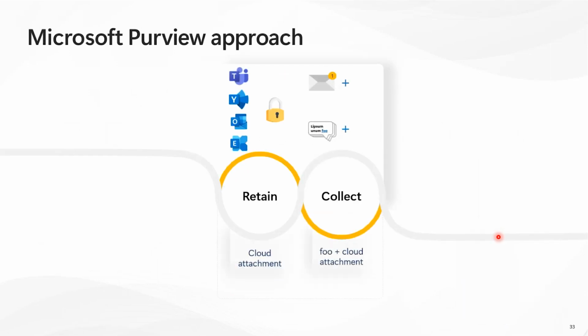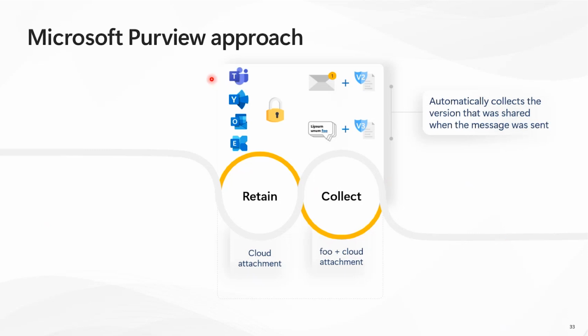Now, obviously, we used to do this on-prem. It could be quite time consuming, but now the idea through Purview, and remember I said before, we're able to extend some services to on-prem, but with Purview, we're able to retain and collect. So let's say in a litigation case, we have an employee that communicated with someone or transmitted some information, let's say in this case by email, which they shouldn't have. And then the employee gets wind that they're being investigated.